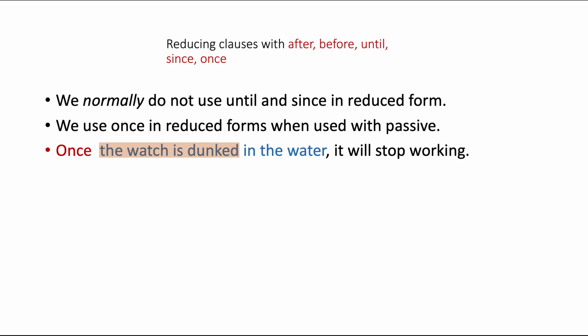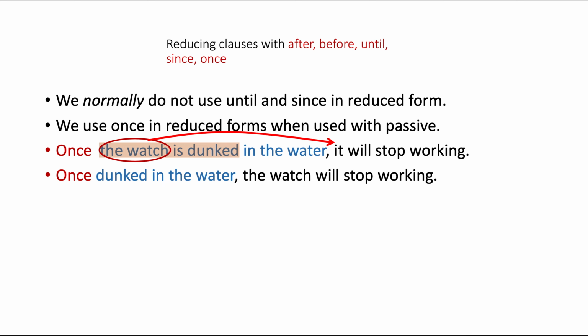The watch is dunked, means submerged or put into the water. It will stop working. Now, because we have the main reference in the adverbial clause, we move it to the main clause. And all we have to do is just get rid of the subject and any modal auxiliaries. And then we will have the reduced form. Once dunked in the water, the watch will stop working.